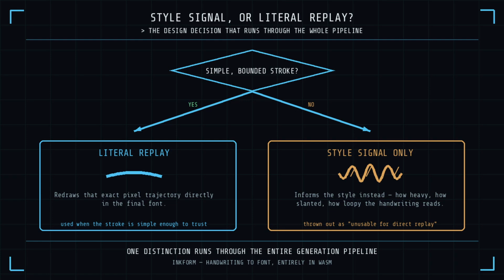Those branchy blobs get thrown out as unusable for direct replay and instead just inform the style. So how heavy, how slanted, how loopy it is, rather than being forced into a specific character. That distinction between style signal and literal replay runs through the entire generation pipeline.